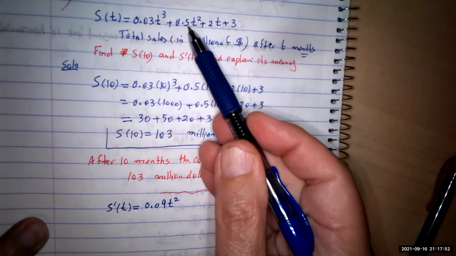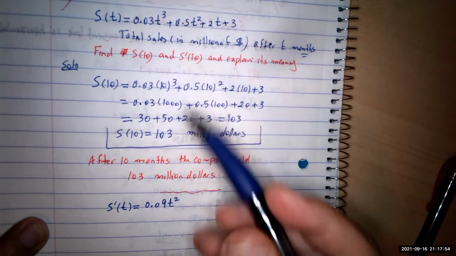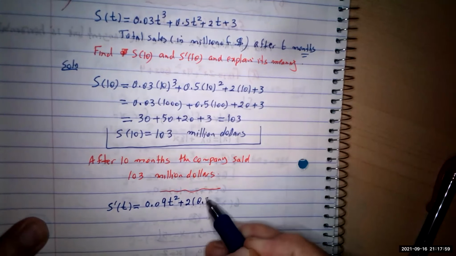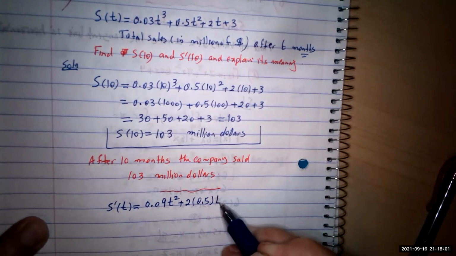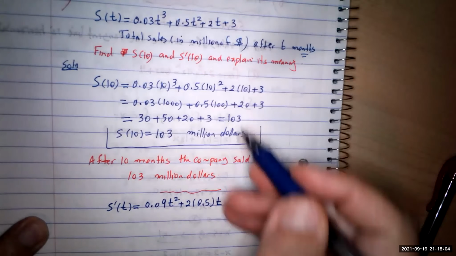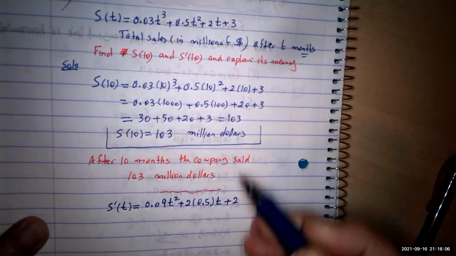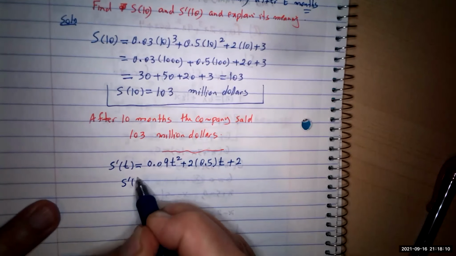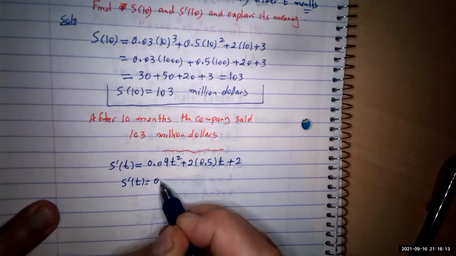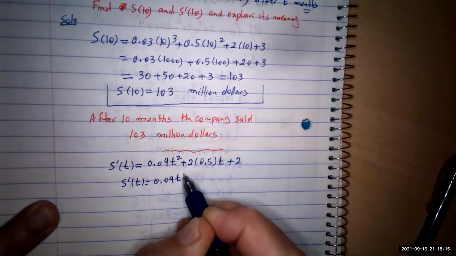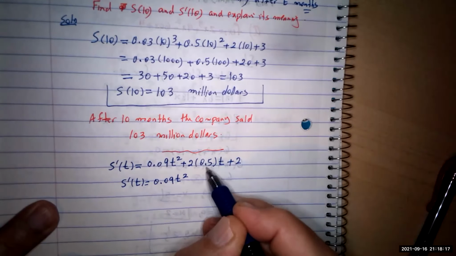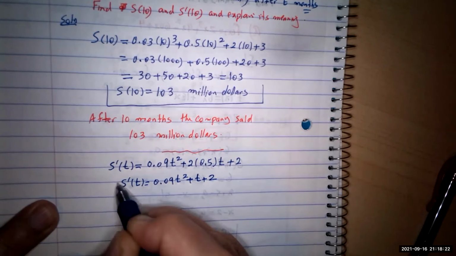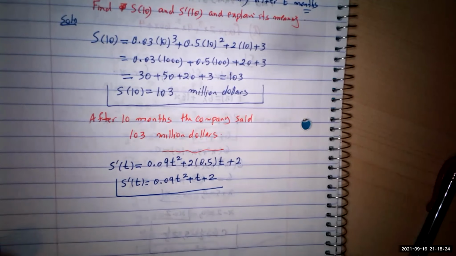Again, 2 times 0.5 would be 1, so 1t. The derivative of 2t is 2, and the derivative of 3 is 0. So S prime of t is 0.09 t squared plus t plus 2.